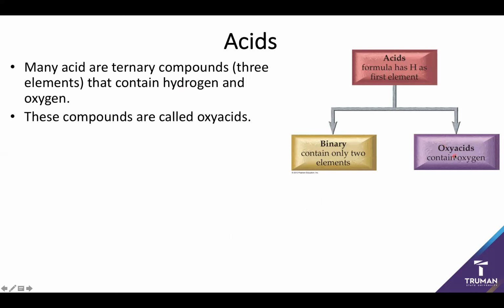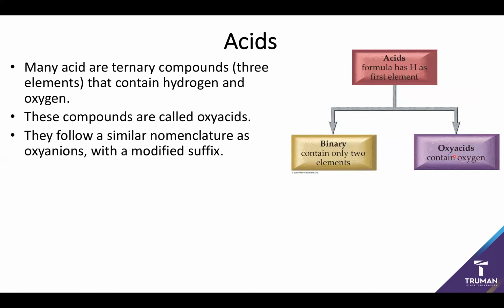So a good way to think about an oxyacid is they're really just an oxyanion that we talked about last time, where we now have a hydrogen to counteract that negative charge. So they're going to follow the same nomenclature as the oxyanions, but now with just a modified suffix, replacing it with an acid.